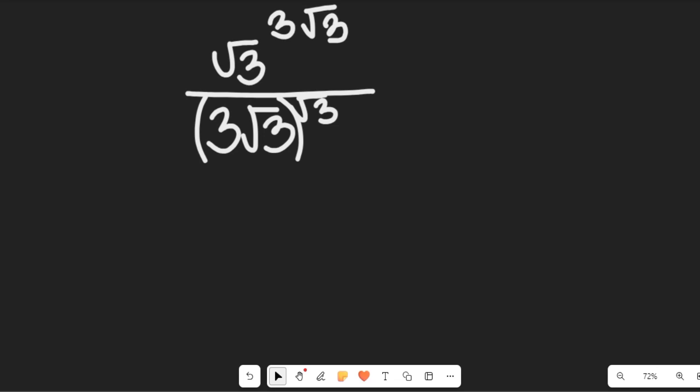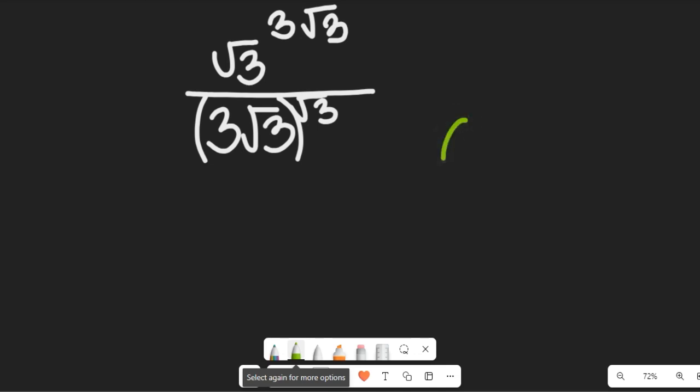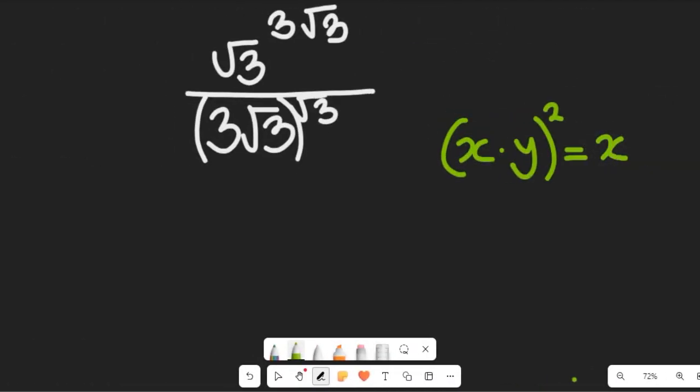Now before we expand, I want you to recall a law of indices. From that law of indices, if I have x multiplying y and both are squared, I can expand this to give me x to the power of 2 multiplied by y to the power of 2, right? So I can apply this to this expression.